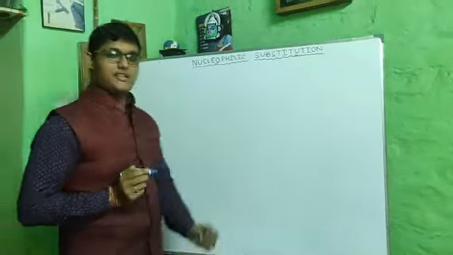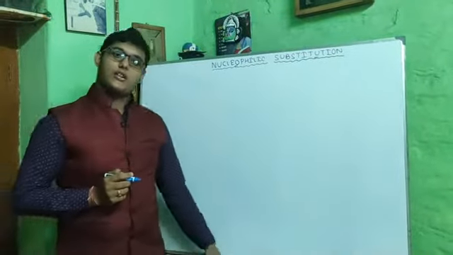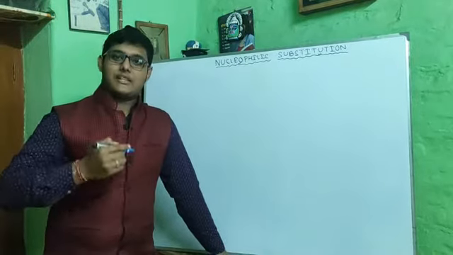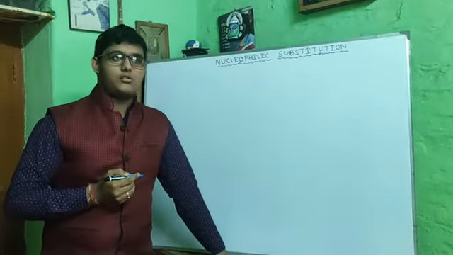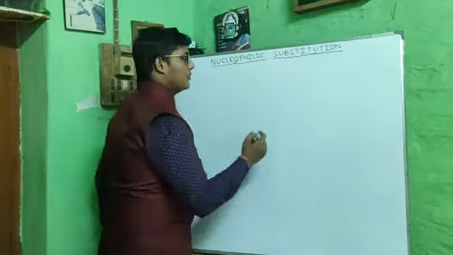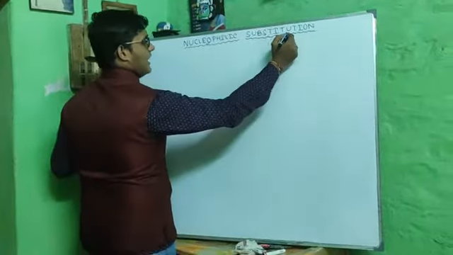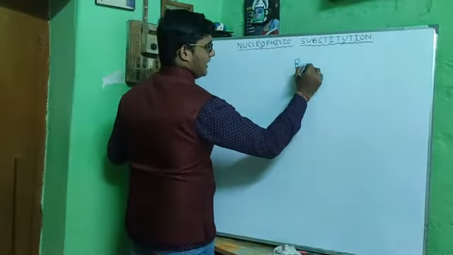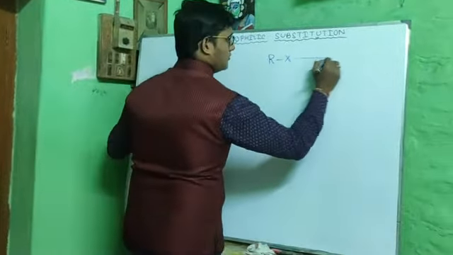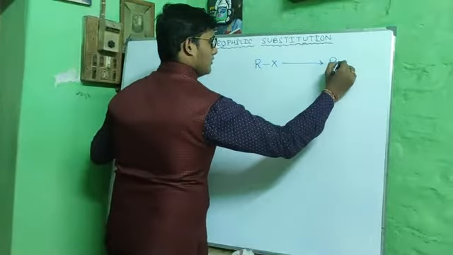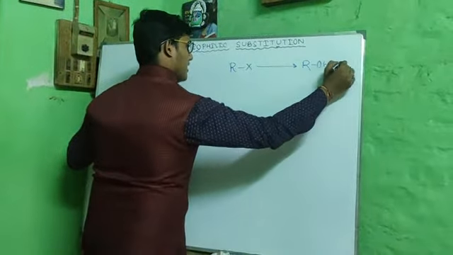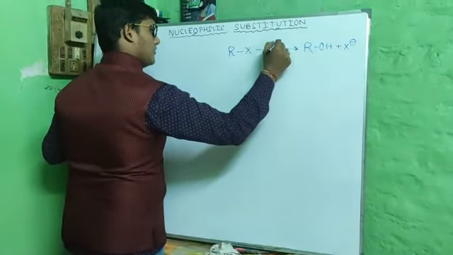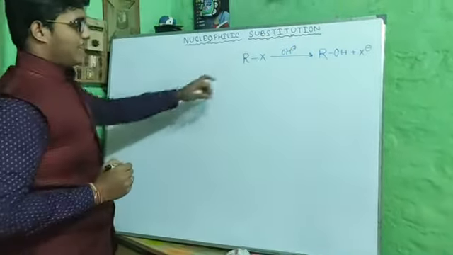A substitution reaction is a type of reaction where a group in a compound or substrate is replaced by another group, or an attacking group. Let's have an example: RX to ROH plus X negative.